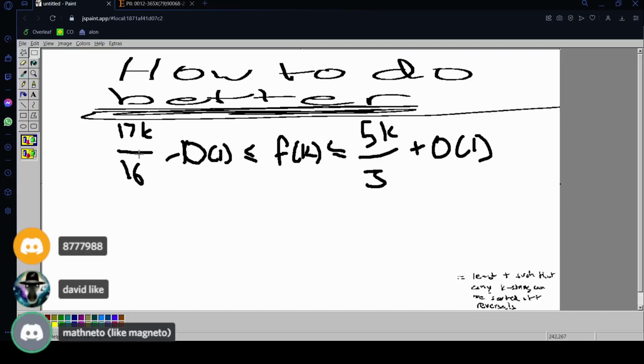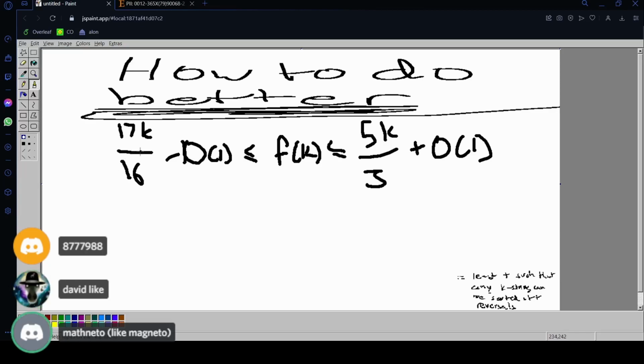So this funny looking big O of 1 just means some constant. This asymptotic notation is very convenient to use rather than being explicit about constants. Basically, the constant shouldn't matter too much.